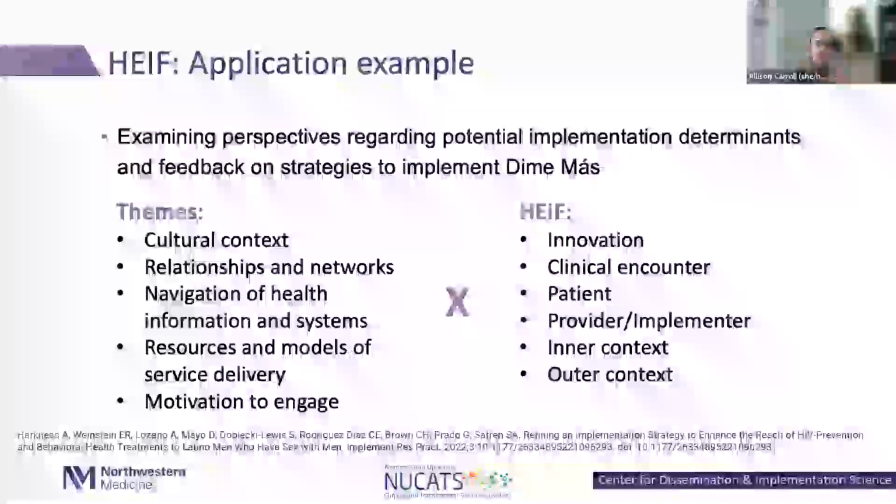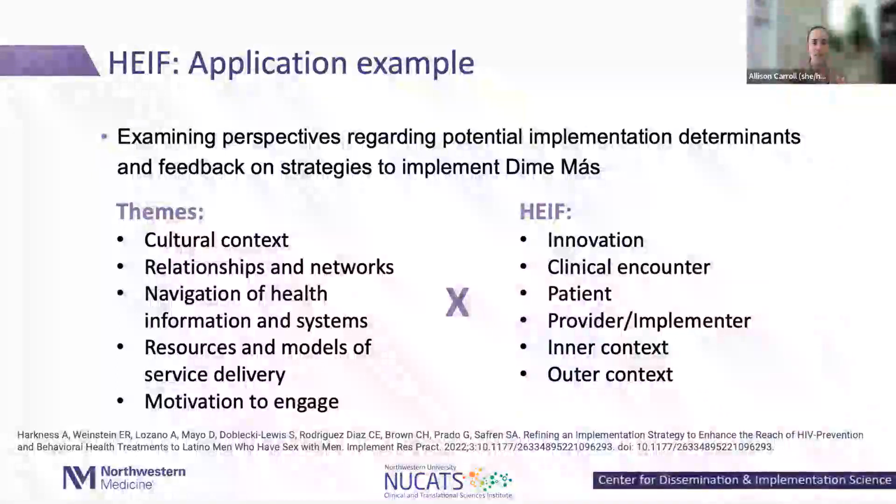This was for a study examining the perspectives of potential implementation of the Dime Mas intervention, which is for Latino men who have sex with men. And the stakeholders that they interviewed were outreach workers, PrEP navigators, counselors that they were working with, the managers and staff, so a whole wide range.